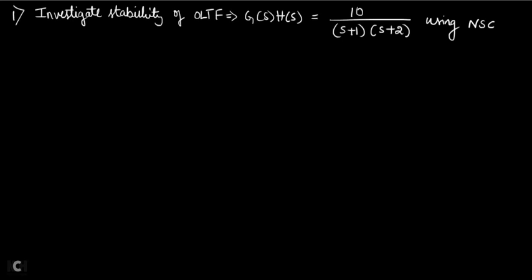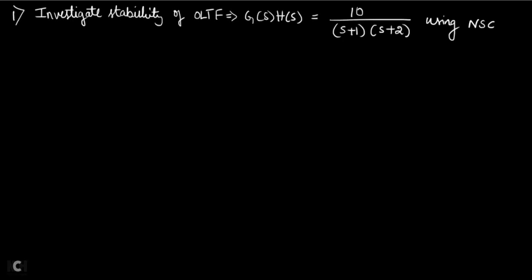See, in this problem, we have generalized the steps. Whatever I explained in the previous video lecture, that step is applicable only for certain problems, for example lower order systems, and for higher order systems you need to do something extra to get the correct Nyquist plot.